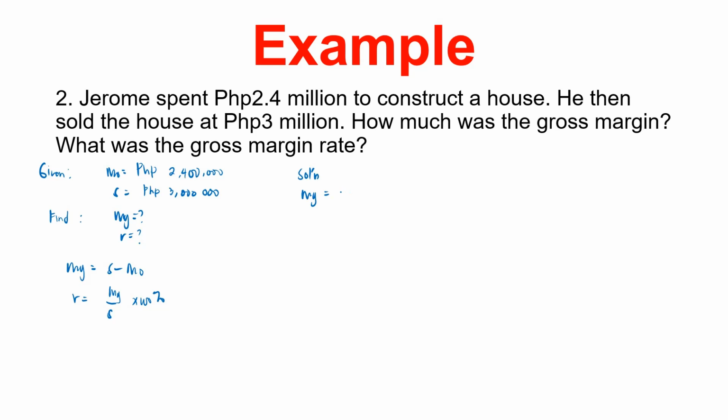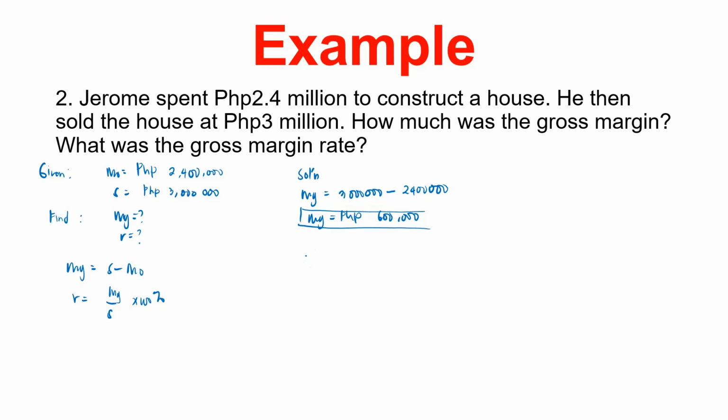Our selling price is 3 million minus 2.4. So our gross margin is 600,000. So yung tinaas niya is 600,000 from the original price.